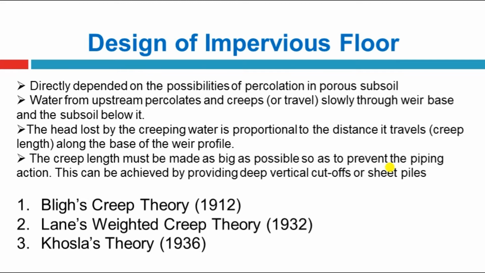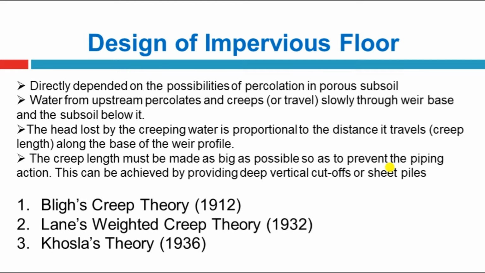According to Bligh, in a pervious foundation, the water percolates along the base profile of the structure which is in contact with the subsoil. The length of the seepage path traversed by the water is called the creep length, and the design of the impervious floor directly depends on the possibilities of percolation in porous subsoil.